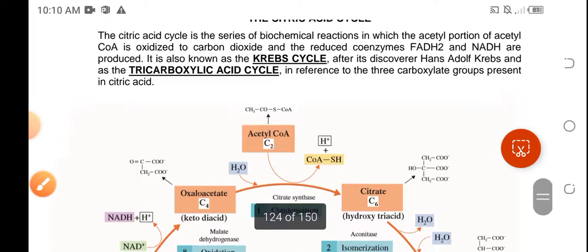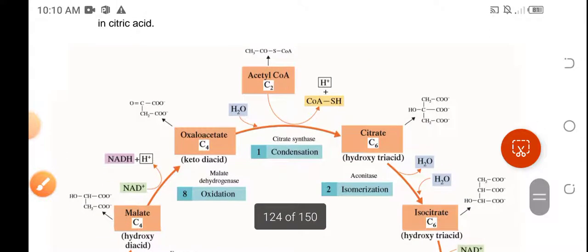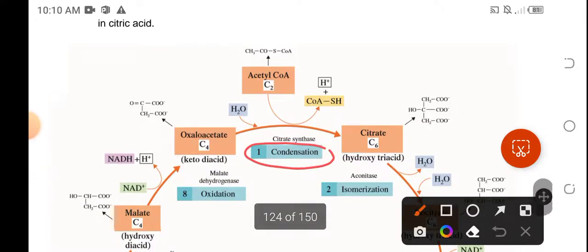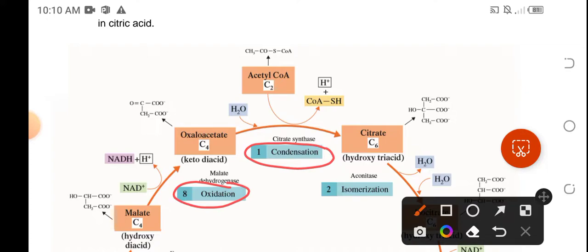Okay, so let's have here the first reaction, which is known as the condensation reaction. Since this is a cycle, the product of the last reaction from the previous cycle will be used.